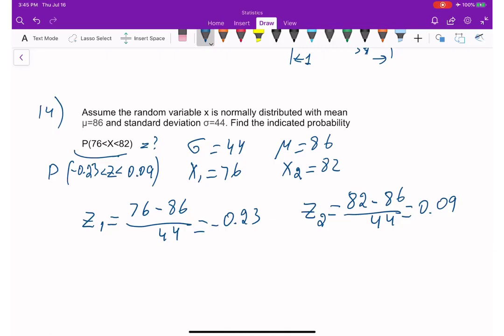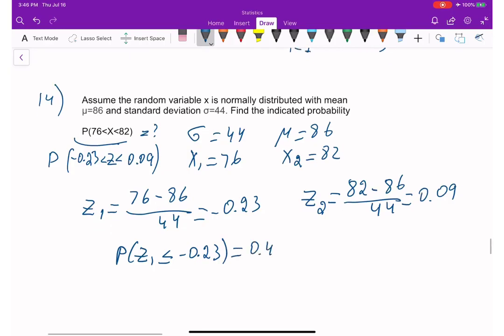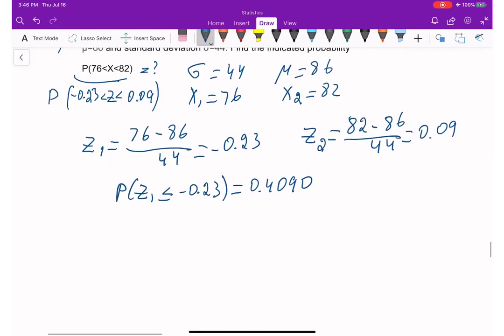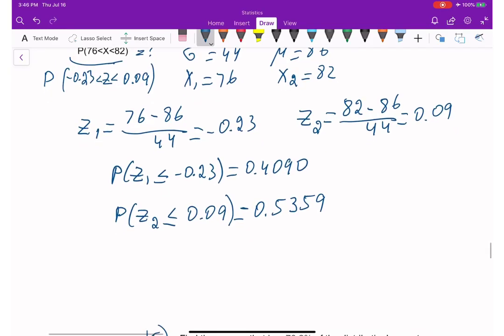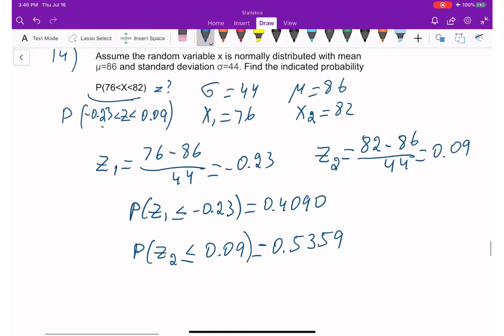All right, once we have the z-scores, we can find the probability. The probability of z-score less than or equal to negative 0.23 is 0.4090. The probability of z-score less than or equal to 0.09 is going to be 0.5359. Once we have these, we subtract, because we need to find the shaded area between these two z-scores.